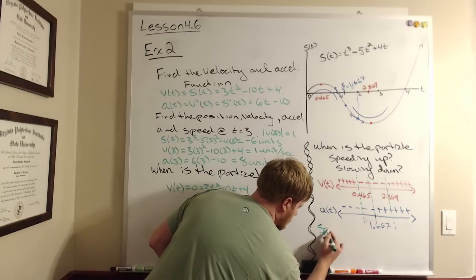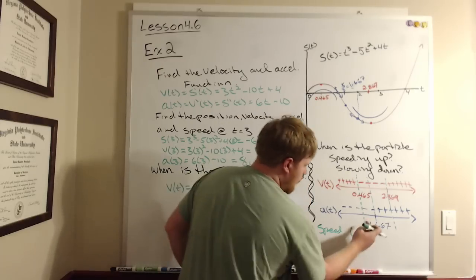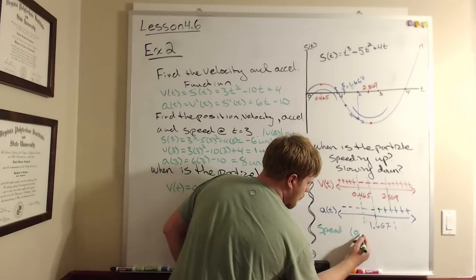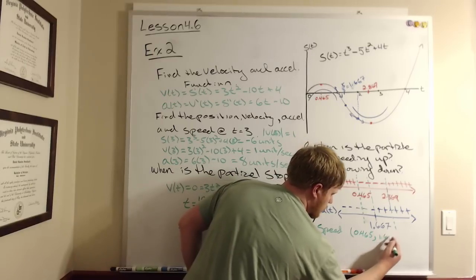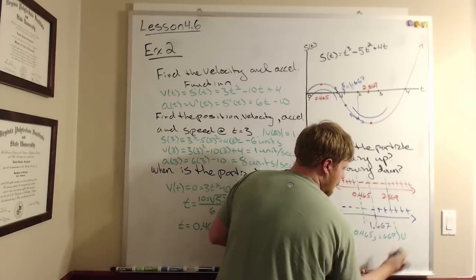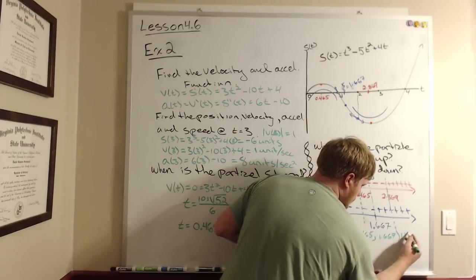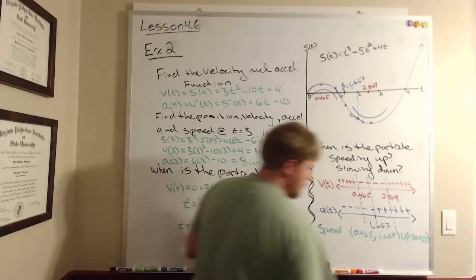So I am speeding up from 0.465 to 1.667 union 2.869 to infinity.